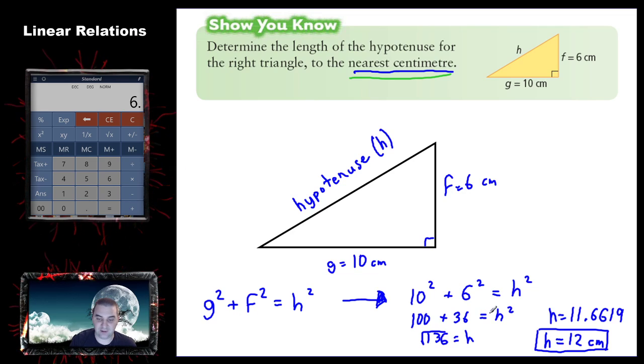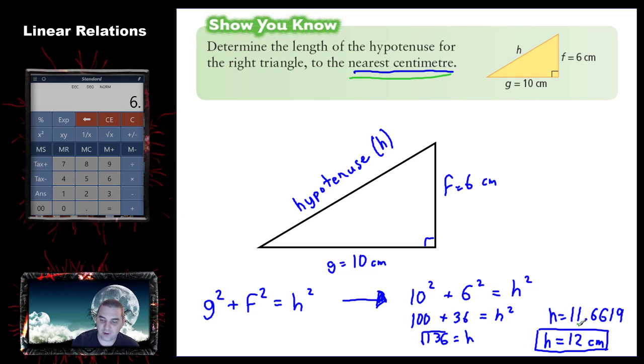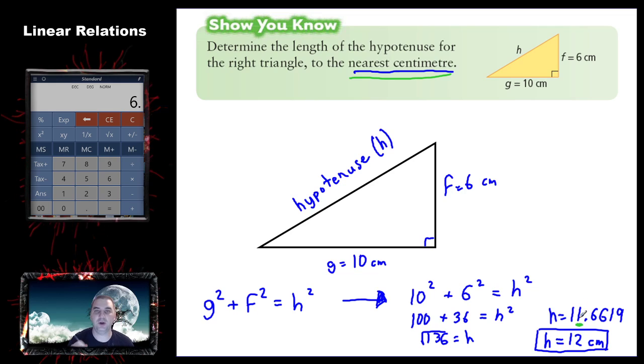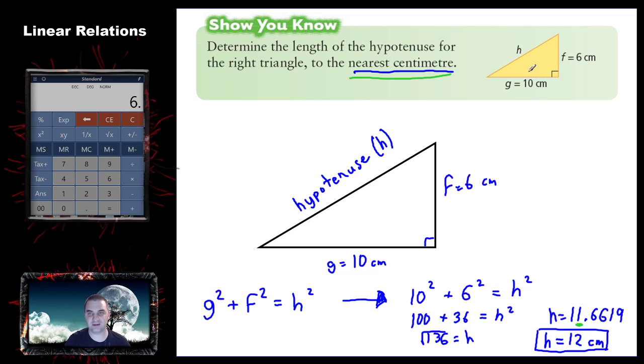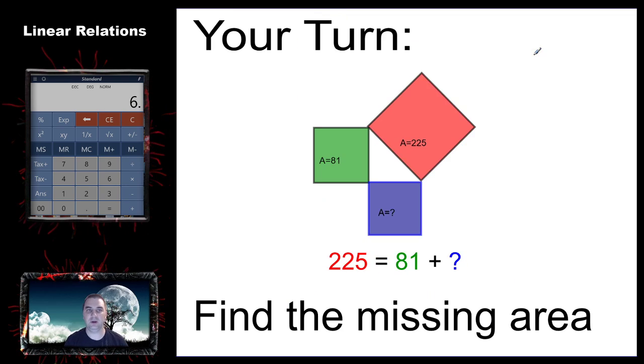Now to get rid of the hypotenuse squared, I do the square root on both sides, leaving me with 11.6619 and a whole bunch of other stuff that I don't care about. But I remember to round it to the nearest centimeter right here, so that rounds up to 12 centimeters as my hypotenuse.